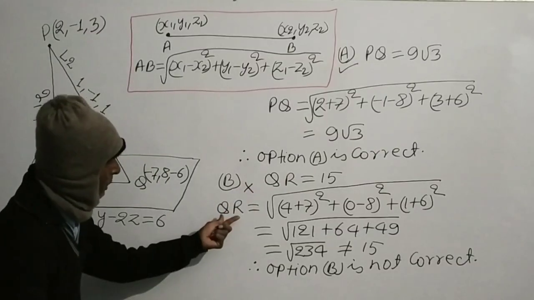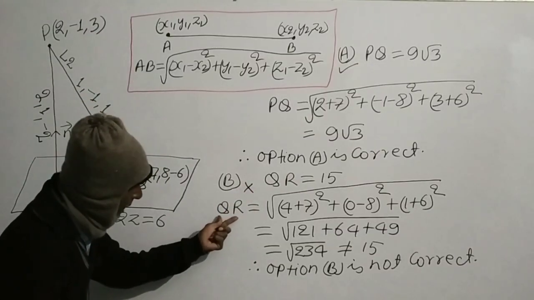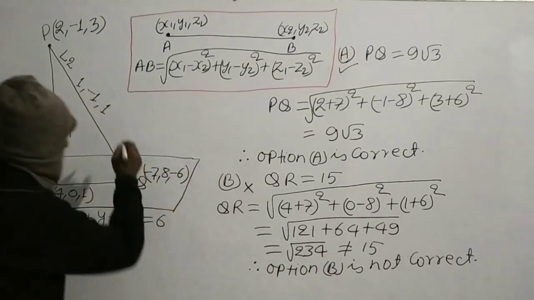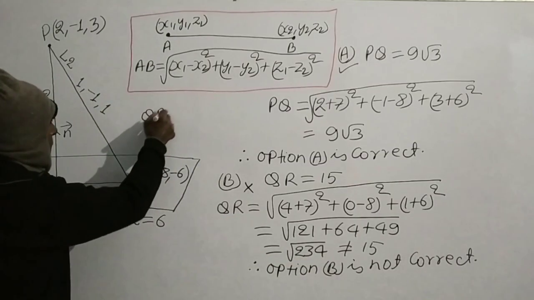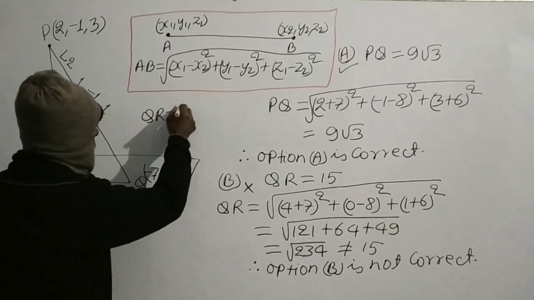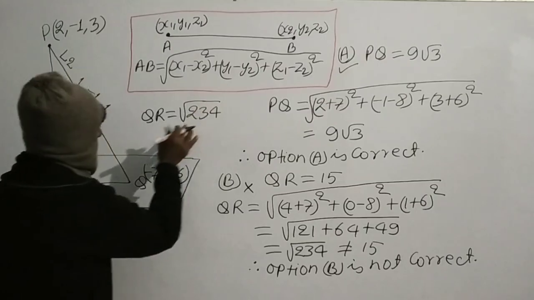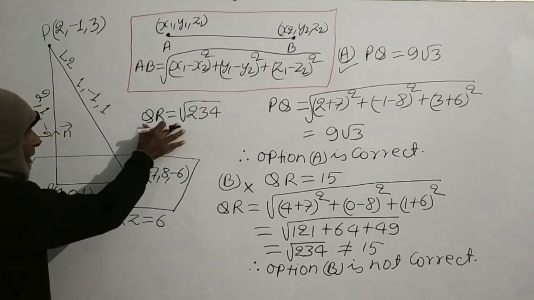But we get QR is equal to root under 234. We write down this result here.